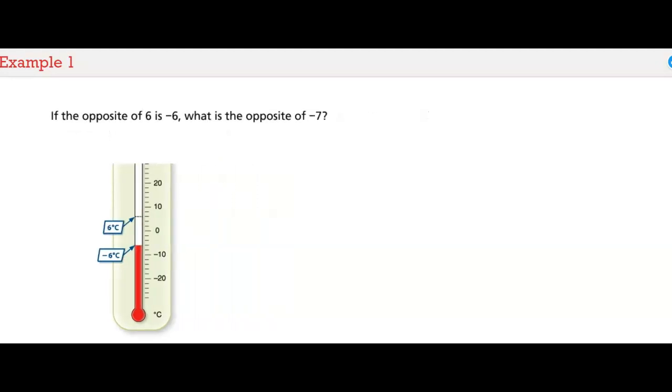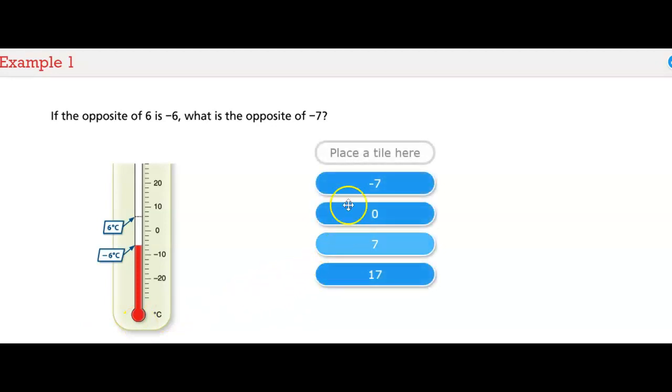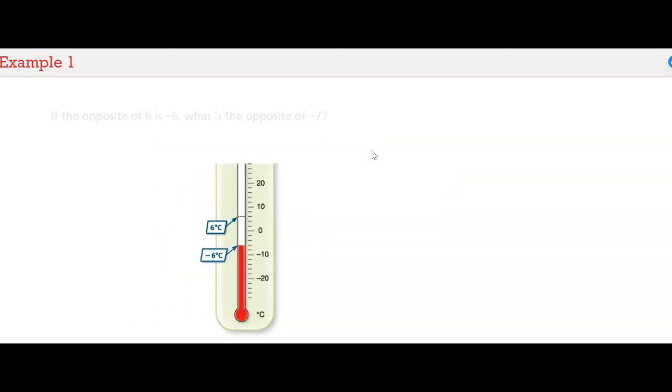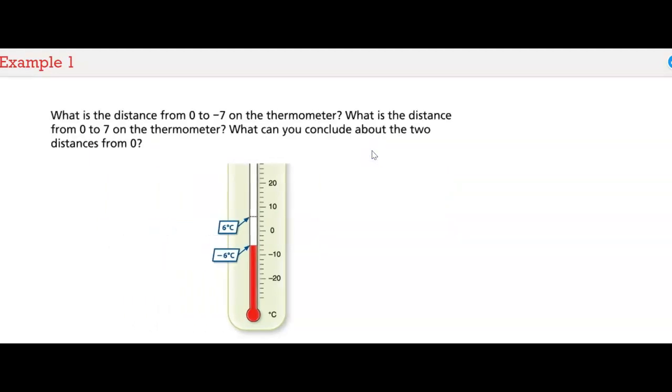If the opposite of 6 is negative 6, what is the opposite of negative 7? Select your answer. What is the distance from 0 to negative 7 on the thermometer? What is the distance from 0 to 7 on the thermometer?